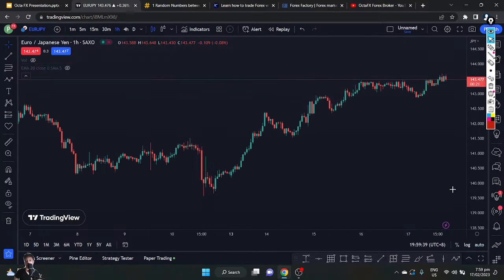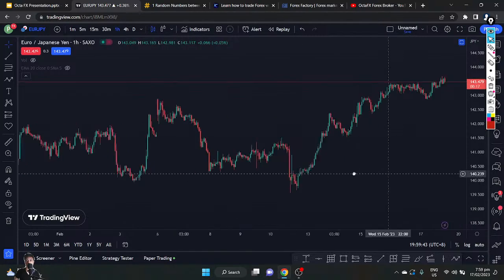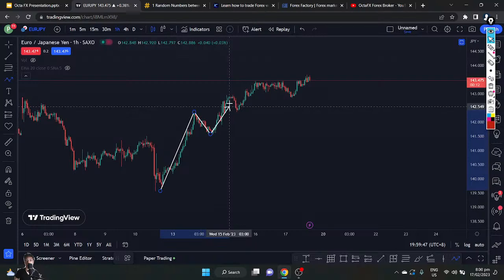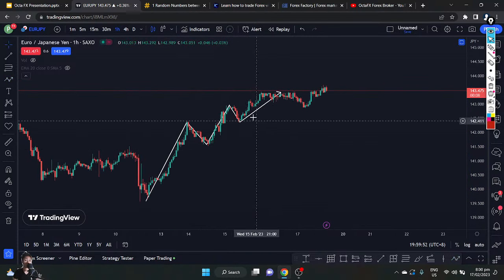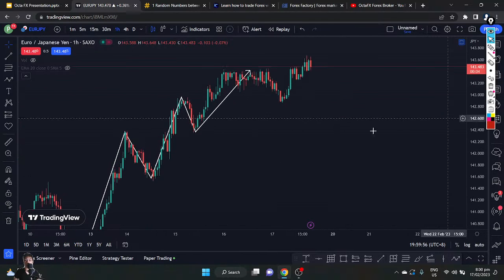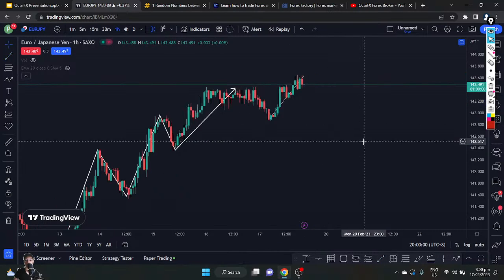So for this one, we can see that the price is on an uptrend. So we have the fifth wave right here. If you are looking at the Wyckoff theory, we can see that the price is still trying to go up right here.